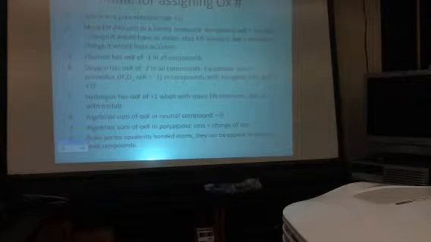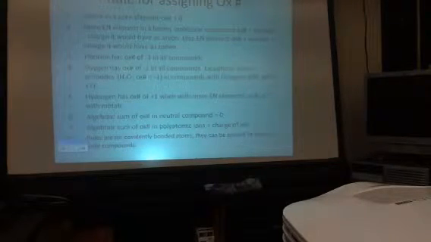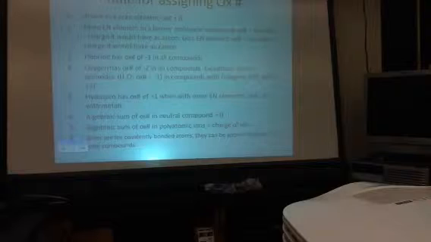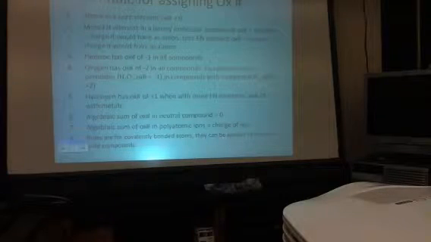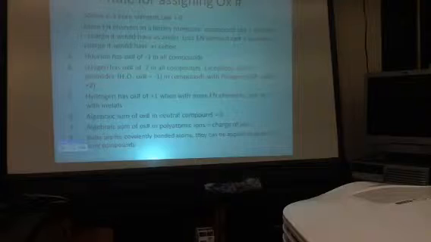So, first thing to know is that, did I mention this yesterday? I think I did. Do oxidation numbers refer to a real distribution of electrons? Do they refer to a real exchange of electrons between two atoms? No. Guess what? They're made up. They're made up numbers. Well, not everything is made up.